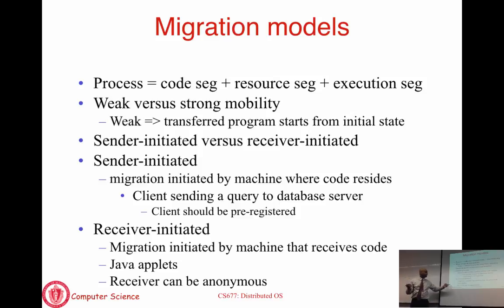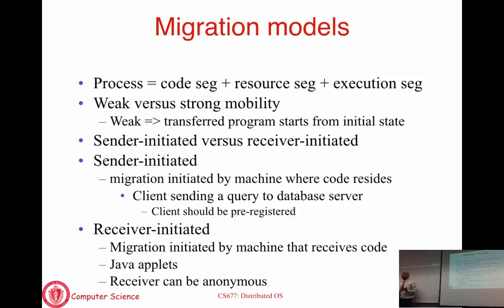Another example of receiver initiated could be a Java applet or a Flash program. Okay? Your browser is the receiver. The browser says load this applet from the server. The code for either the Flash program or the Java applet resides on the web server. Okay, your browser is connecting to the web server, downloading either the Flash code or the Java applet and then executing it locally.